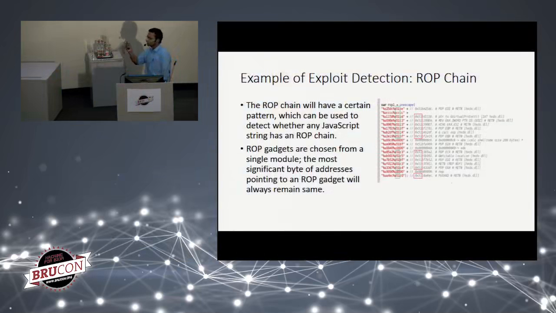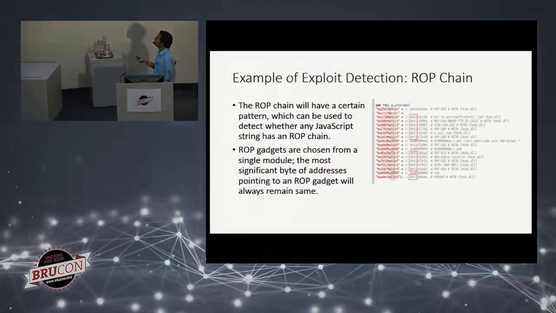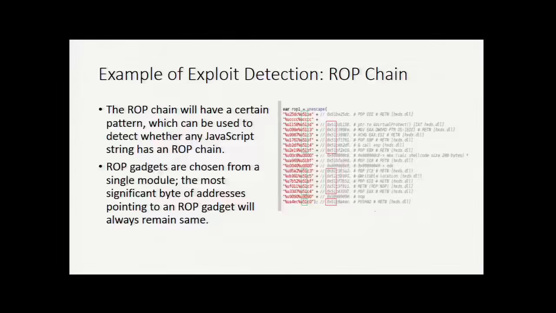Once the injected hooks are in place, we can do several checks to identify whether the string being passed to the unescape function is a ROP gadget or not, whether the attacker is trying to do return-oriented programming to exploit the browser. This code snippet shows how we can use these return-oriented programming patterns.